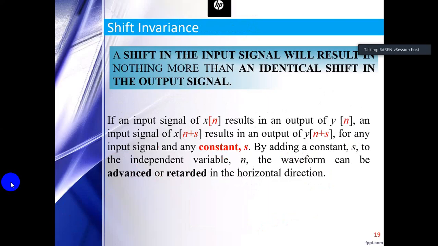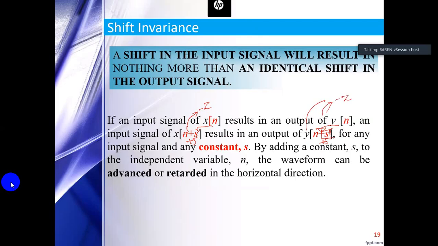Shift invariance was discussed in the last class. Let's review that part. If the input signal is shifted by some number of samples, then the corresponding output will also be shifted by that number. If it is +5 at the input, you have to consider +5 at the output. Similarly, if you consider -2 at the input side, at the output side it will also be -2.